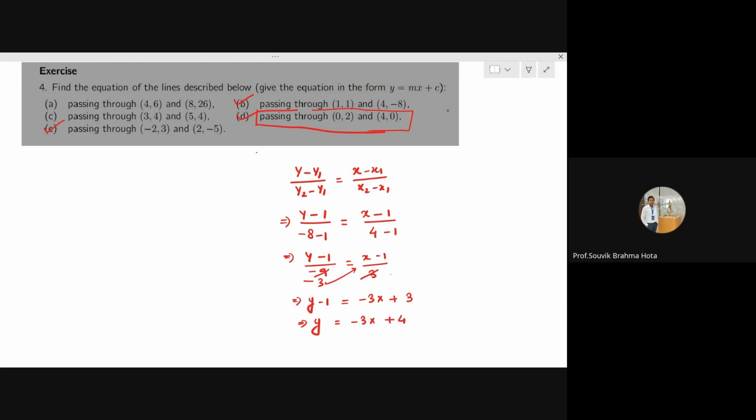For the most general equation, the form will be ax plus by plus c is equal to 0, where a, b, c are whole numbers, and obviously a is greater than 0. At that time, what will be the answer for this?